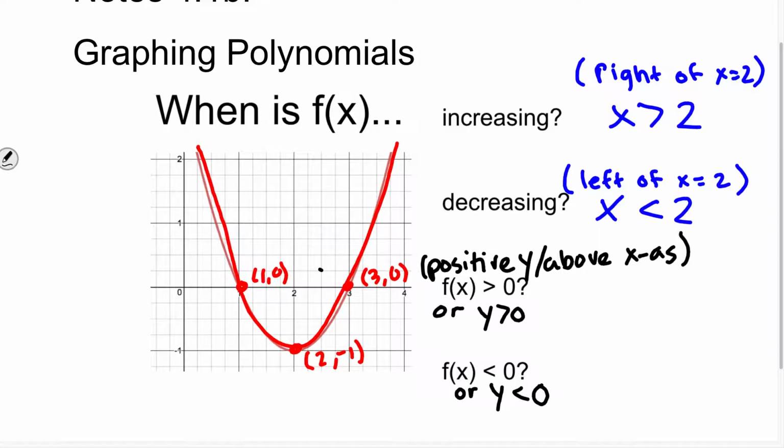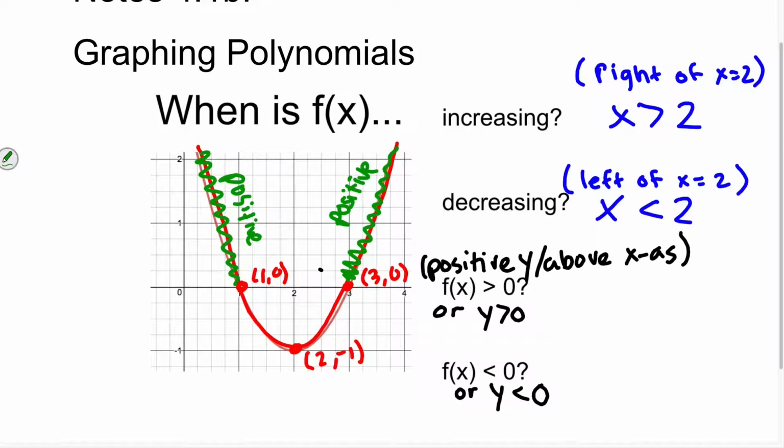y is greater than 0 over here on the left, and y is greater than 0 over here on the right. So in order to answer the question, when is f of x greater than 0, I have to give two intervals.